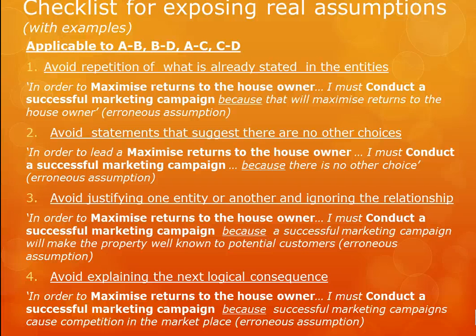I've used here Entity A, which is maximise returns to the house owner, and Entity B, which is conduct a successful marketing campaign. These two statements are restated as part of the process of discovering an assumption, and the assumption sits after the word "because". To read this out loud: in order to maximise returns to the house owner, I must conduct a successful marketing campaign because, and I've then said that will maximise the returns to the house owner.